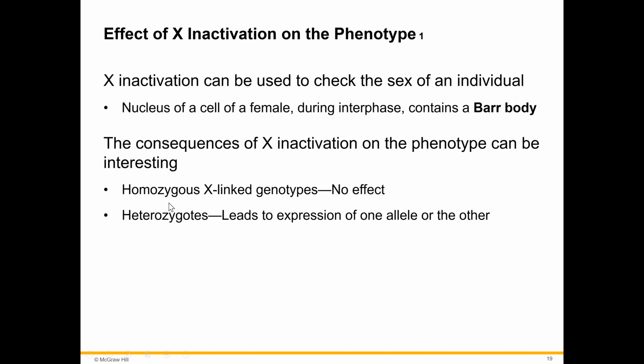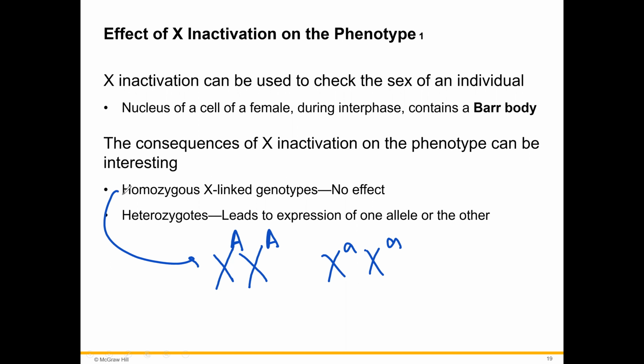If we have a homozygous X-linked genotype, then it doesn't have any effect. When we have heterozygous, that leads to expression of one allele or the other. For example, if we have a female and both X chromosomes carry the same dominant allele or the same recessive allele, that's our homozygous genotype.